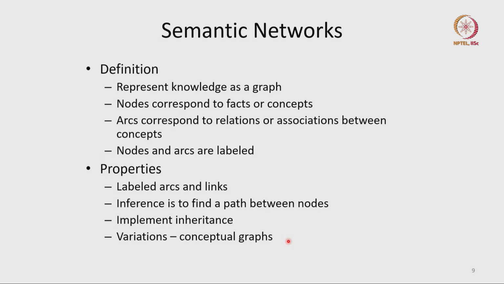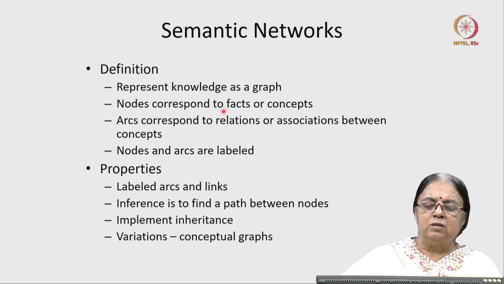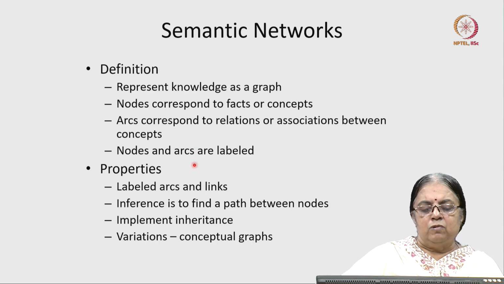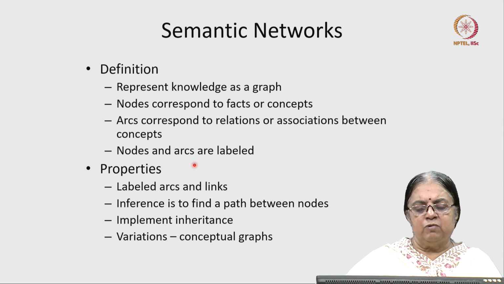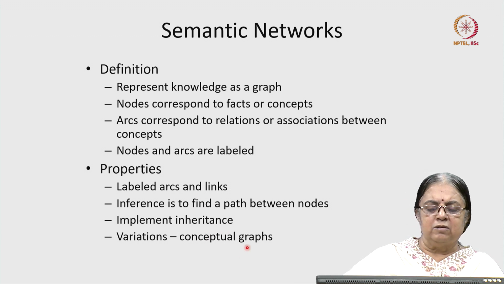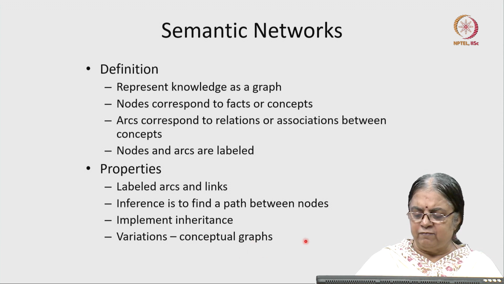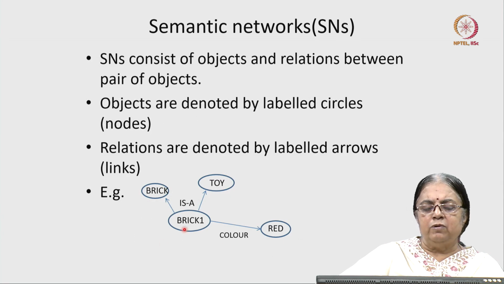So, you have nodes which represent facts or concepts and arcs which correspond to relations or associations between the concepts. It implements what is called inheritance, and you could call it a conceptual graph in some way. For example, here we have the nodes which consist of objects and you have relations along the links.